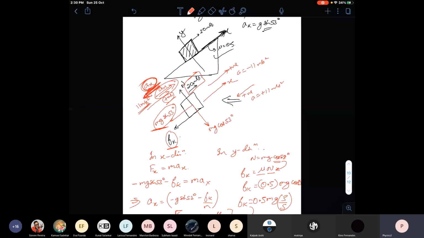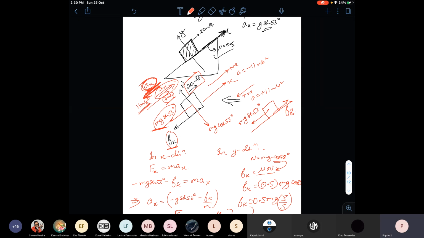This 20 meters per second is just giving you the hint that instead of static friction, you have to use kinetic friction because it is moving. There could have been a possibility that it was at rest because of the friction. If it would have been at rest, the static friction would have acted in the opposite direction, and mg sine 53 would have been like this.